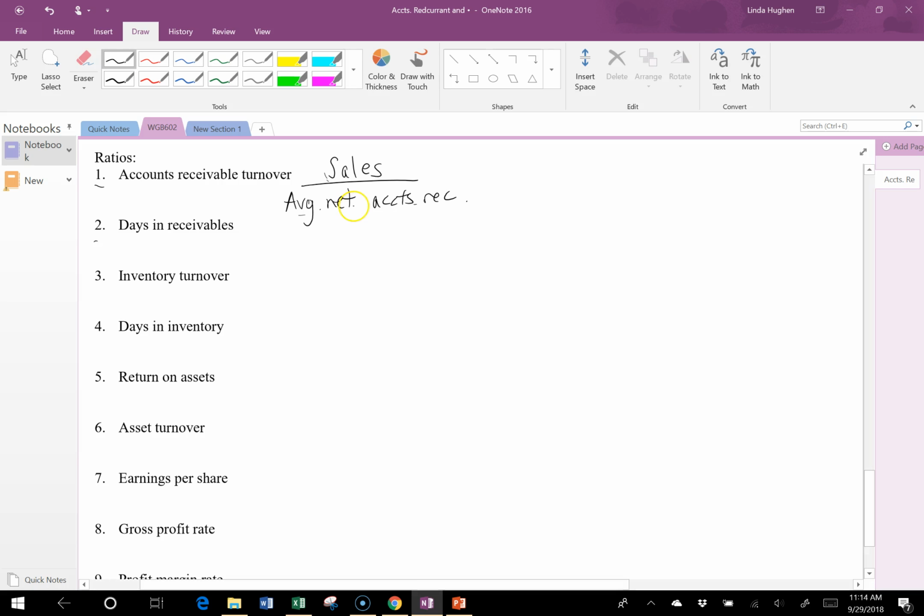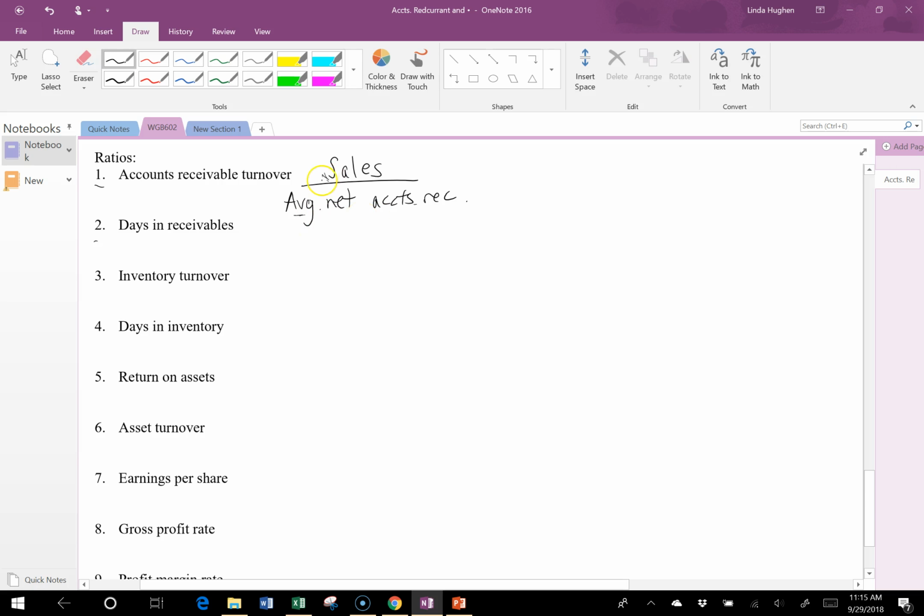So we can take the net accounts receivable or the net realizable value of receivables on the last day of the company's fiscal year, typically December 31st. But it could have changed throughout the year, so we want a better measure that lines up better to a full year of sales. And a balance sheet reports both beginning and ending balances in all your asset accounts. So it's pretty easy to pull up one balance sheet and quickly determine the average accounts receivable balance.